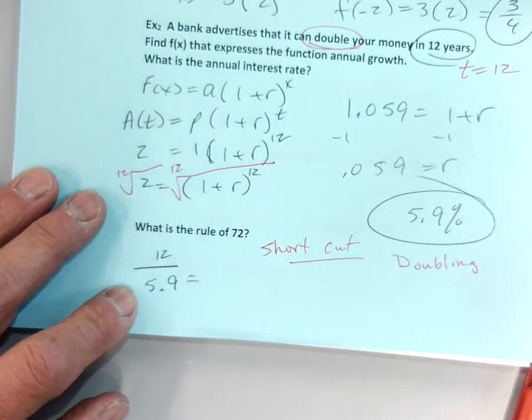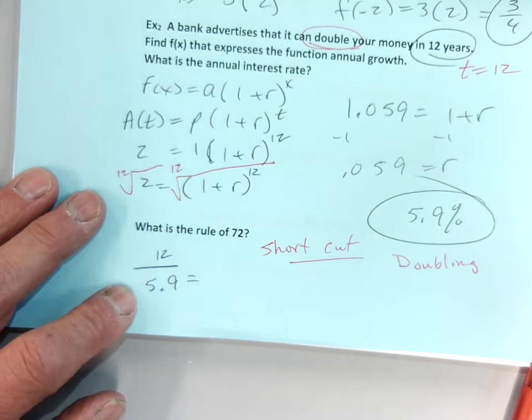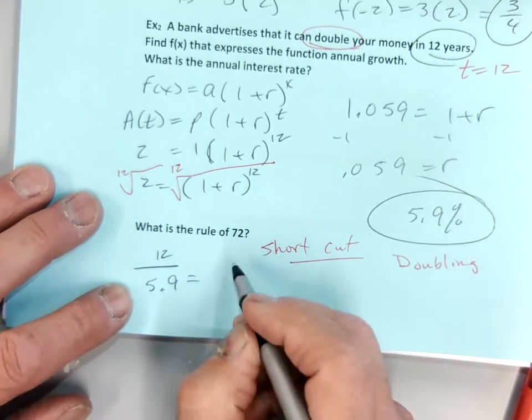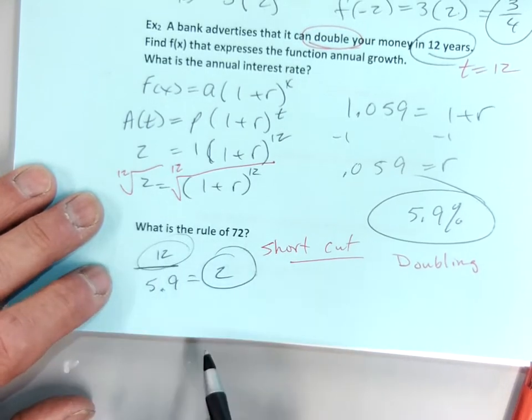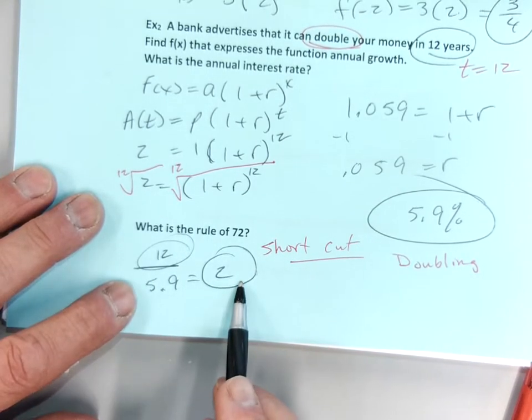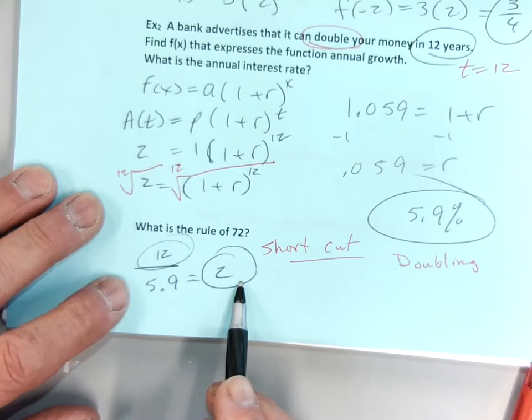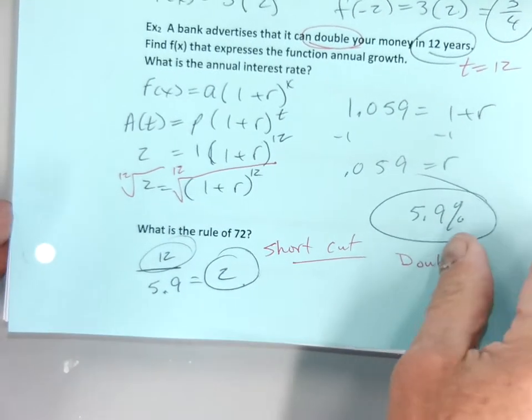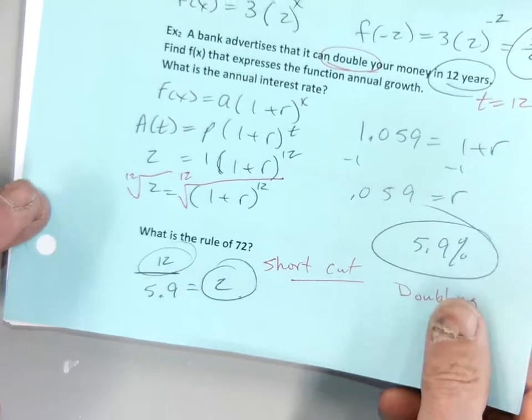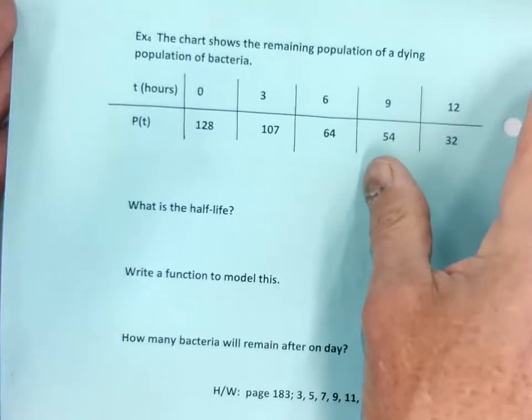Go 12 divided by my 5.9 to get an answer of about, sure enough, it will double, won't it? So it'll take 12 years for it to double, okay? So that's my banking shortcut. All right, now let's go ahead and turn the page and example 3.